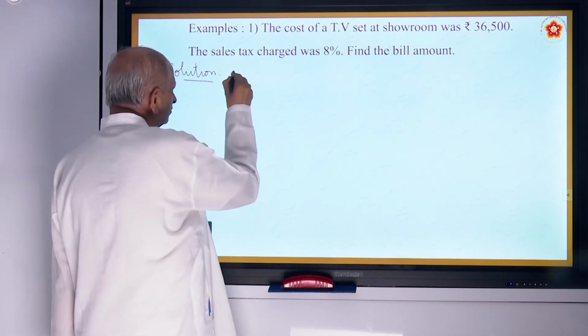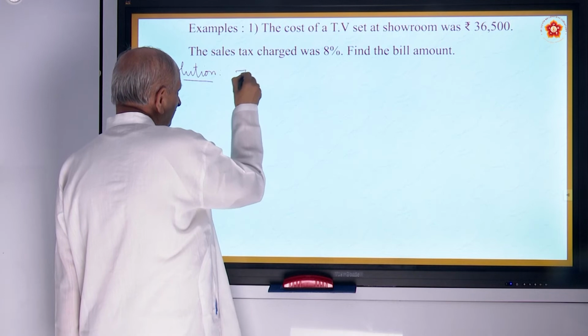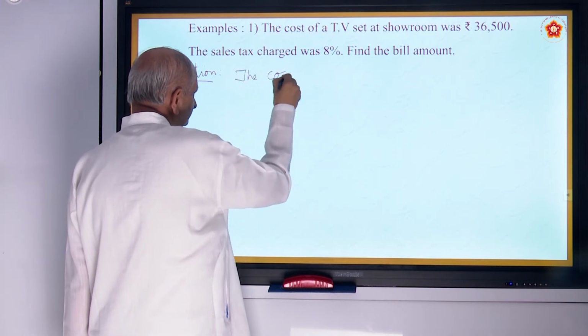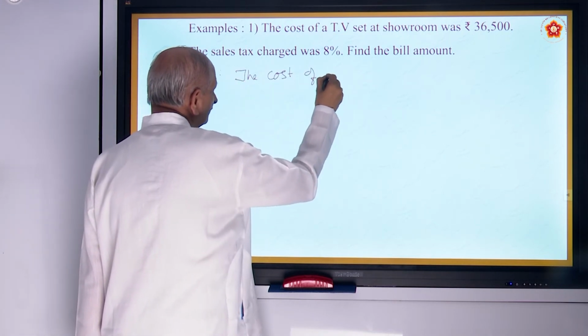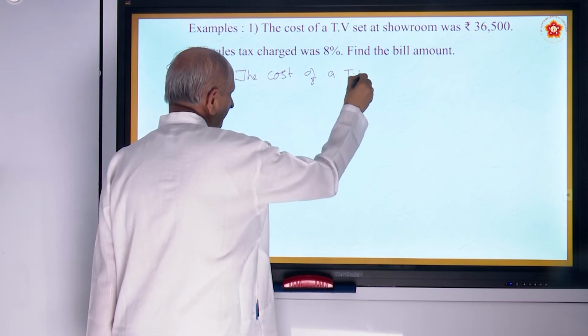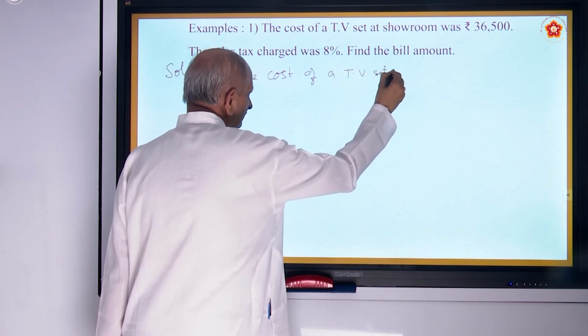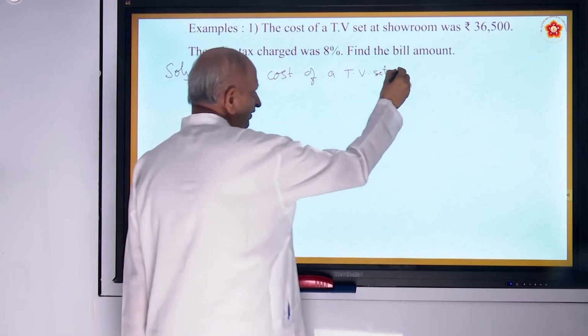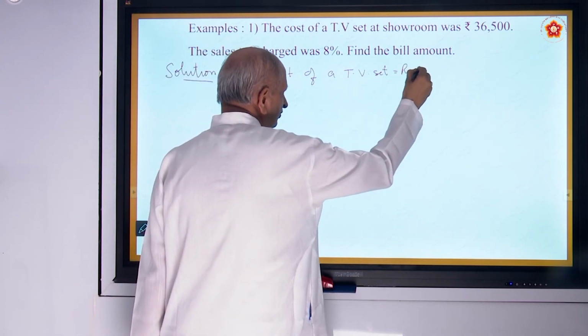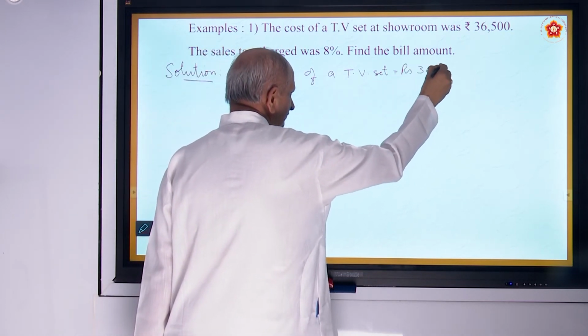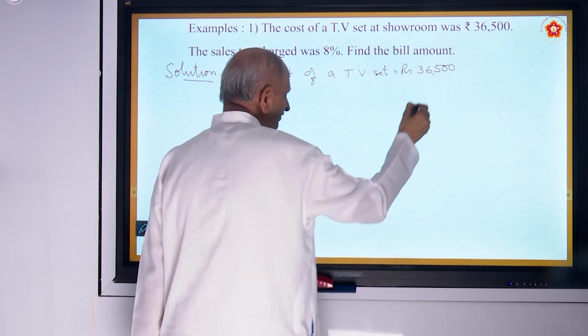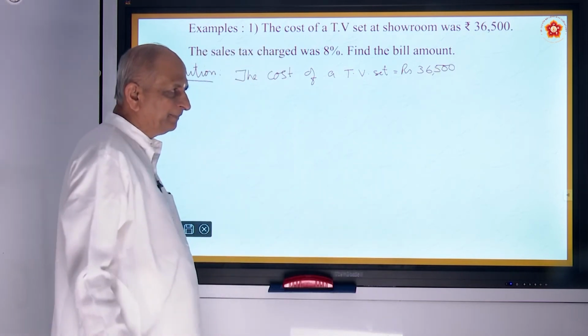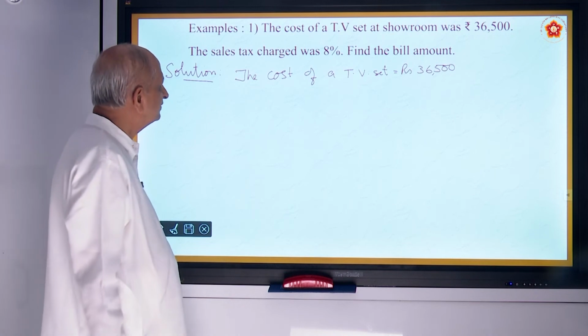And so we shall start like this. The cost of a TV set is rupees 36,500. Of course, there are so many brands on that. Depending on the brand, it will change, vary.